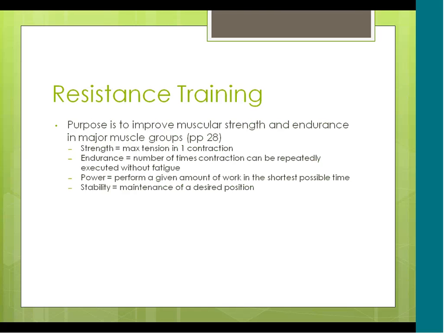Power is performing a certain amount of work in the shortest time possible, so adding a little bit of speed to a strength movement. And stability is maintaining a desired position, so you're actually balancing. So those are all pieces of the strength and endurance puzzle in a class.